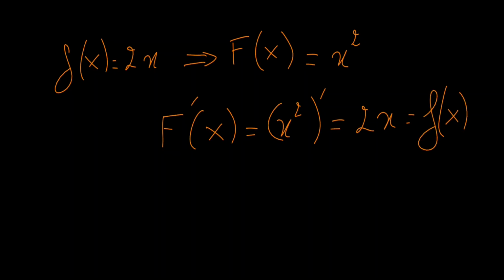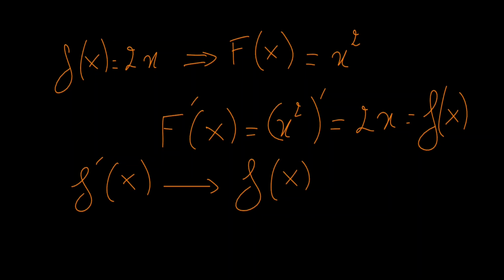Another example to keep in mind is that the primitive of f prime of x is f of x, or the primitive of the second derivative of f is the first derivative of f.